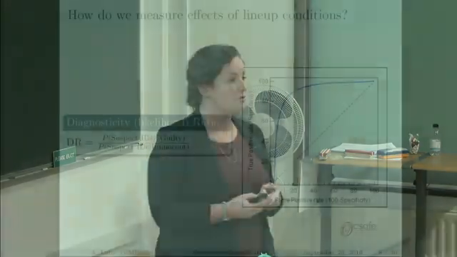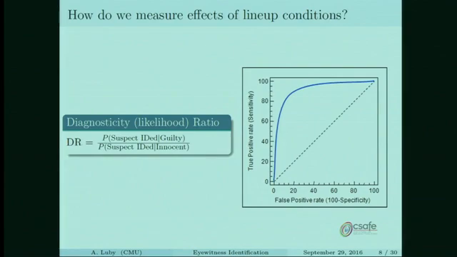And recently there's been a push to adopt an ROC curve because it does kind of have this natural connection to the diagnosticity ratio. So there's a true positive, which would be identifying the guilty suspect, and then a false positive, which would be identifying an innocent suspect. And then the way they do the curve is by confidence level.